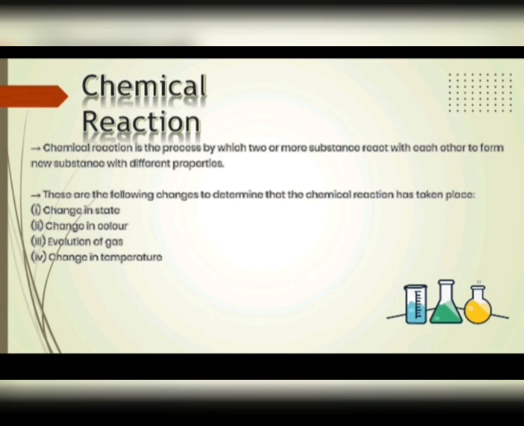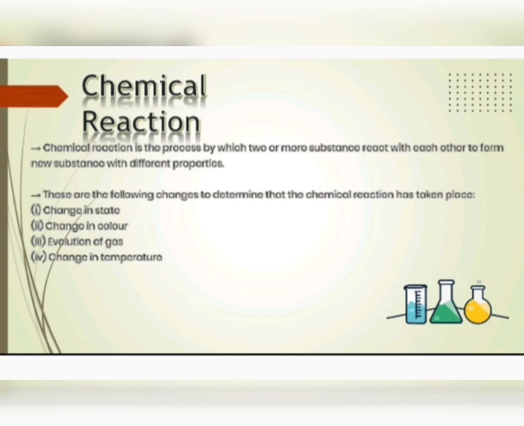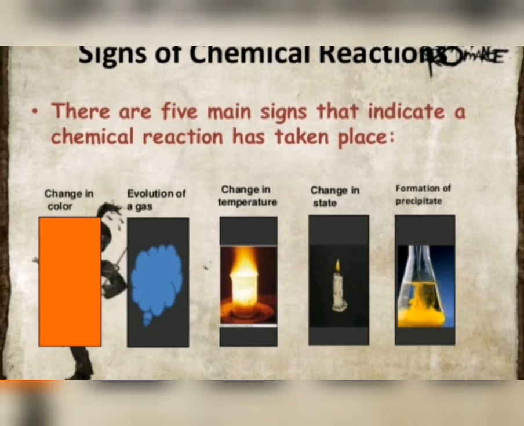That means there are some features which can be observed, and those easily observable changes which take place as a result of a chemical reaction are known as characteristics of chemical reactions, or you can say signs of chemical reactions.